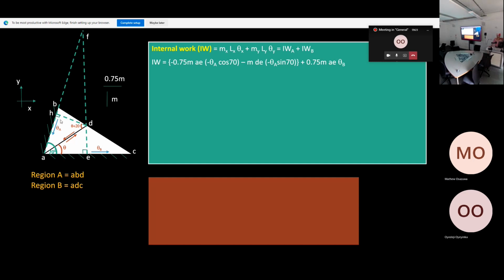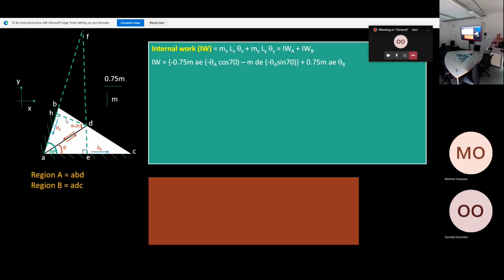Look here, if I draw a horizontal line here, follow the mouse. If I draw a horizontal line here, do you agree that the angle there will be 70? Yes, alternate angle.